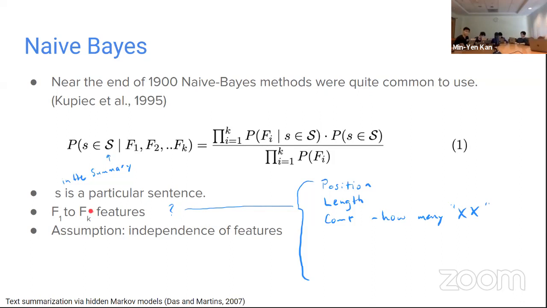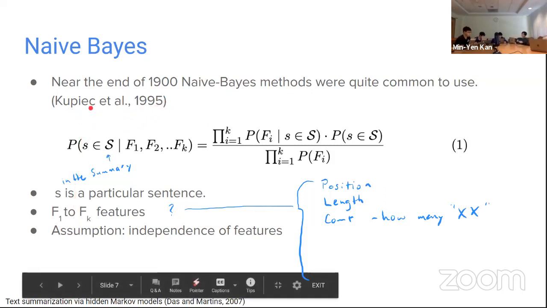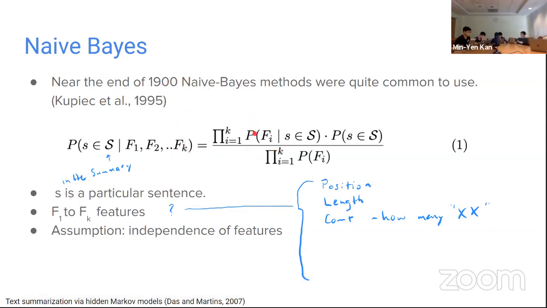And one thing that was interesting in this paper was that they also figured out that not only the position of the sentence in the whole document, but its position in the paragraph is also important, because most of the sentences at the end or at the start of a paragraph are quite good candidates for the summary. So other than the position in the document, they also set a feature indicating the position in the paragraph itself.